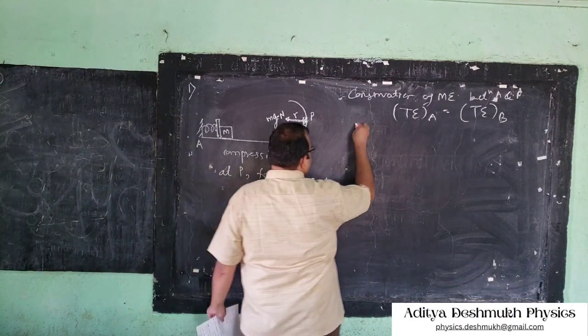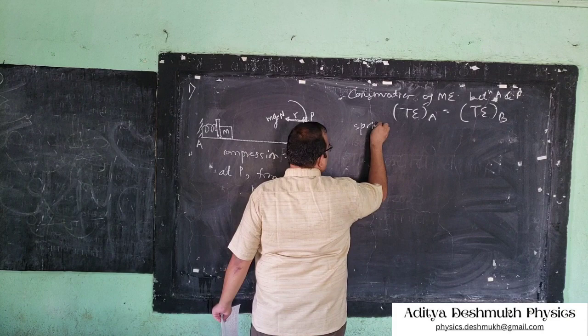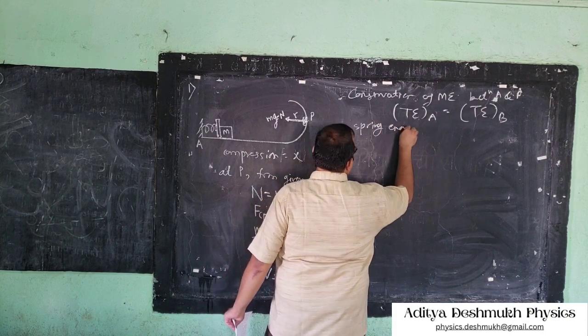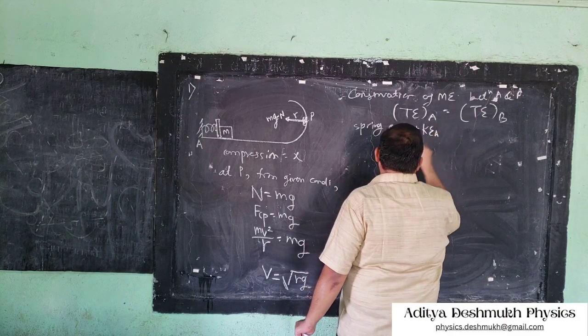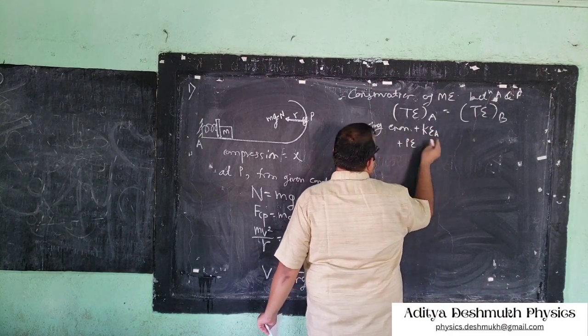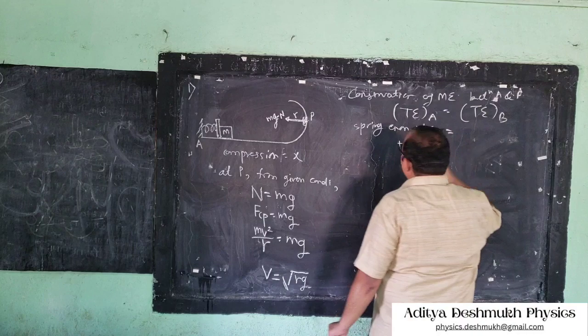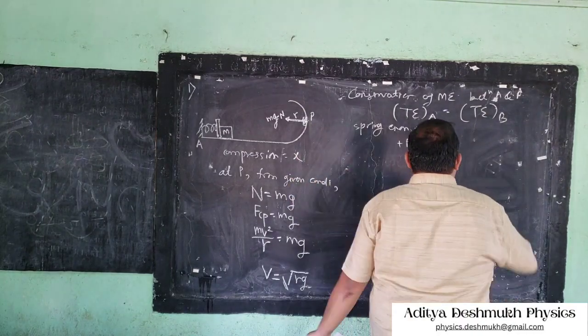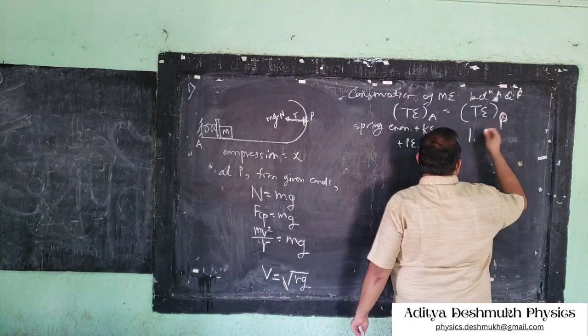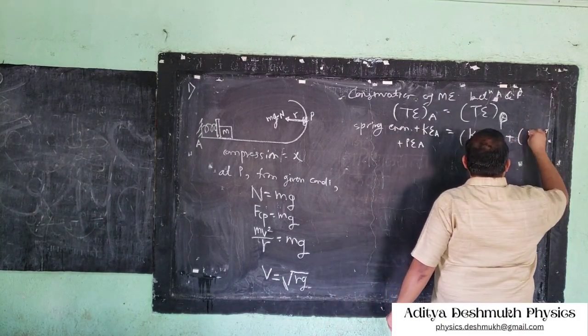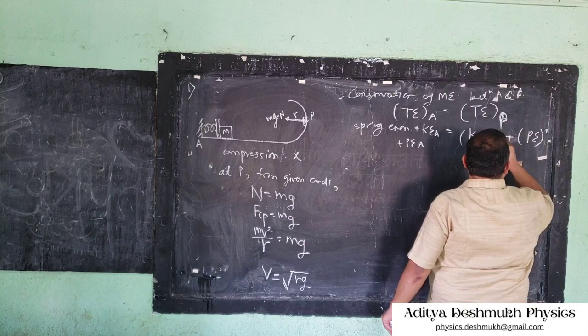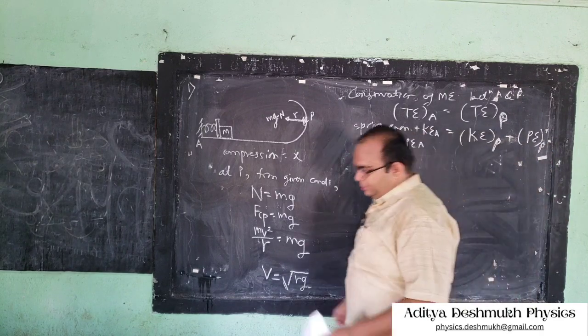I have spring energy, I have kinetic energy, and I will have potential energy. And at point P, I will have KE and PE.